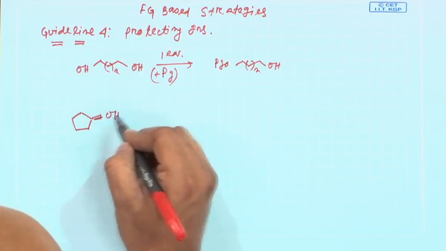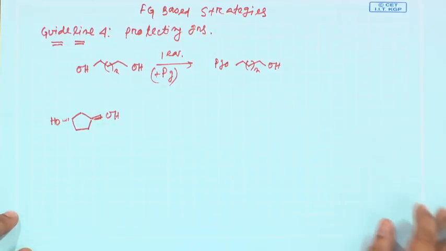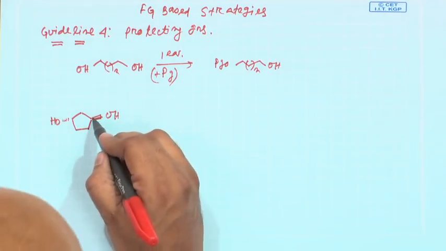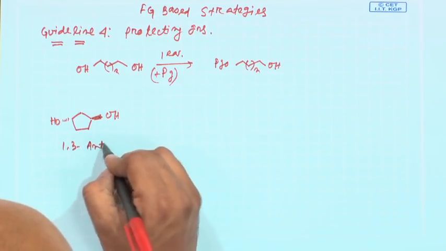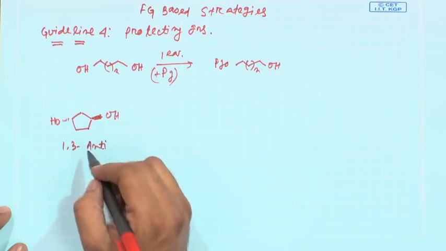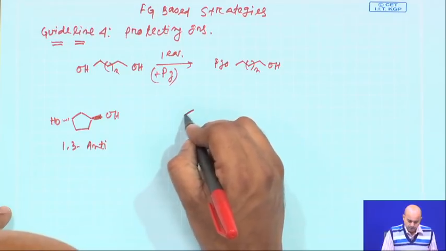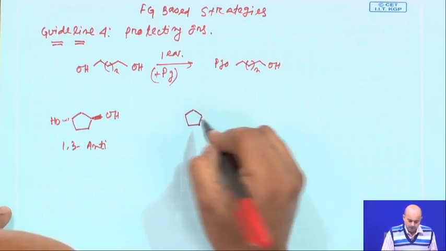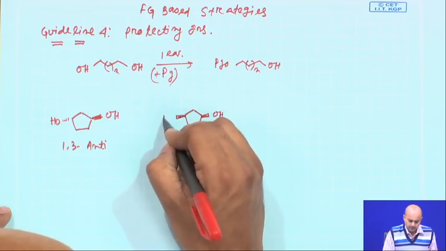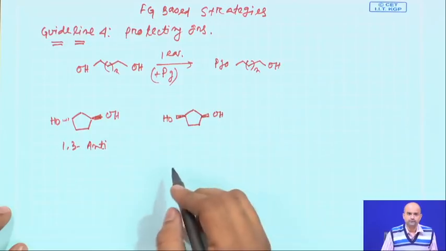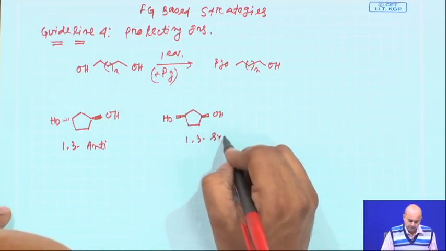I have given a molecule where the stereocenters were specified: these two OH are 1,3 anti, and this molecule is enantiopure. There is another stereoisomer for this molecule, and the structure is this. This molecule is 1,3 syn or cis.